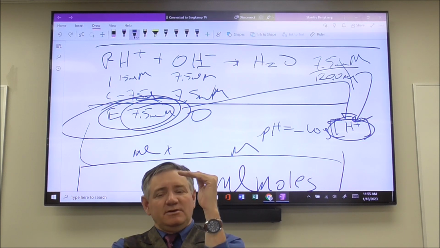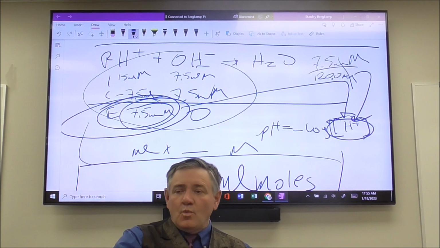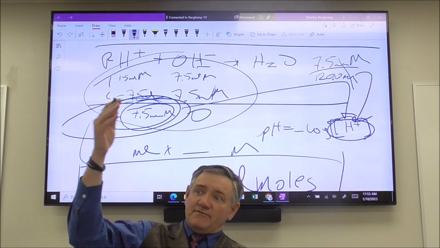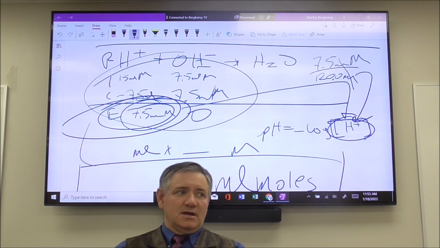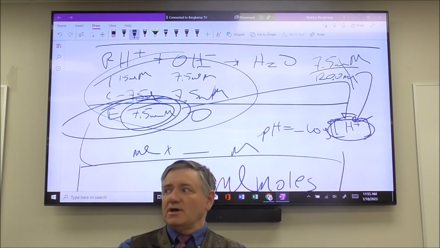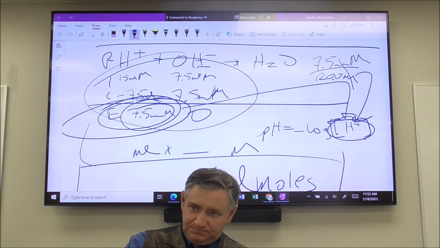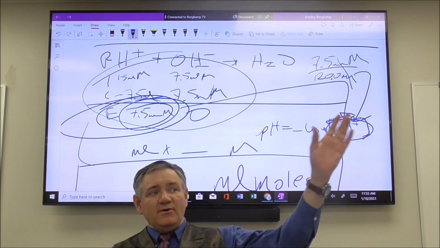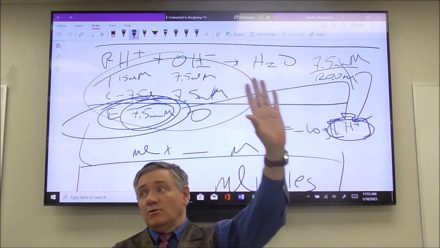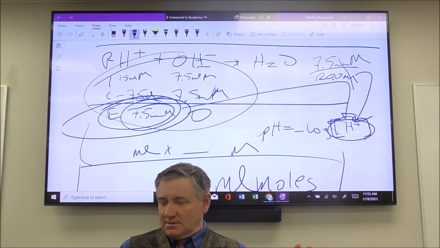But again, the whole idea is that you have to figure out what's in excess. Do you have excess hydronium ions? Do you have excess hydroxide ions? Because this is only half neutralized, I still have some acid in that solution. At some point, you divide by the total volume. If you've worked in moles, which is cool, divide by the total volume in liters.